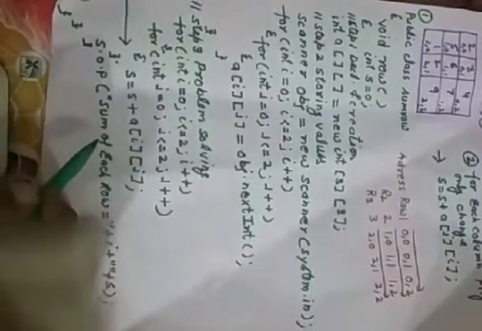When we exit from this loop, it means we have done the sum of the first row, and then we will print the sum of row i, 0 plus s. So by exiting the inner loop, we have done the sum of the first row, and we print it this way.